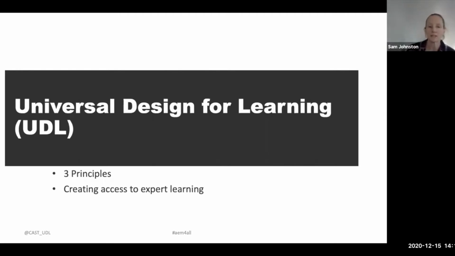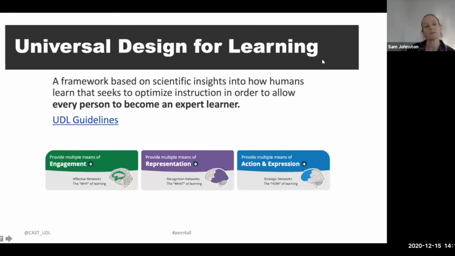Why do I pay attention to this in the first place? We want to provide multiple means of engagement. We want to do that because not everybody's motivated in the same ways by tasks, neither intrinsically or extrinsically. And so we want to attend to those differences in how people engage.